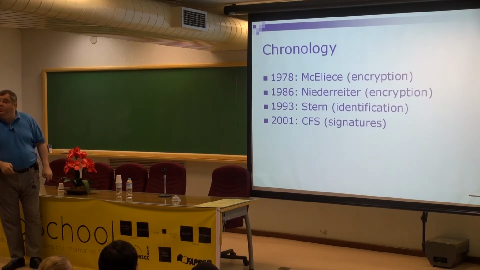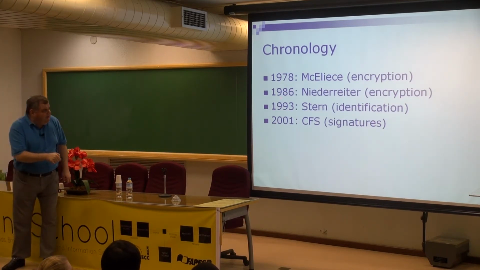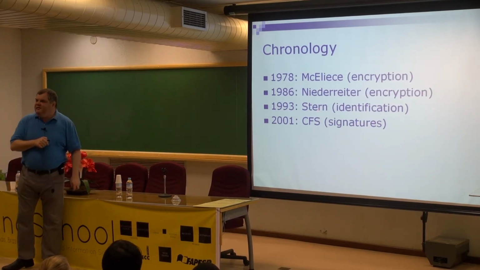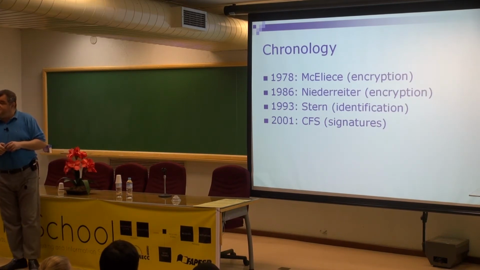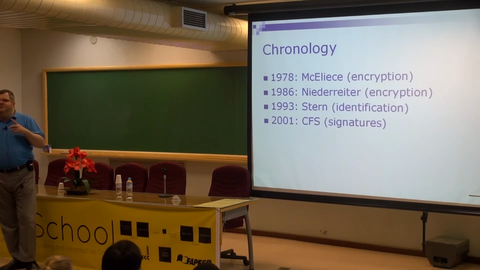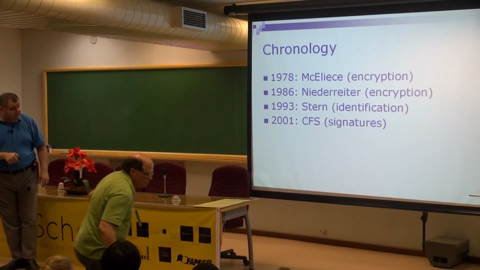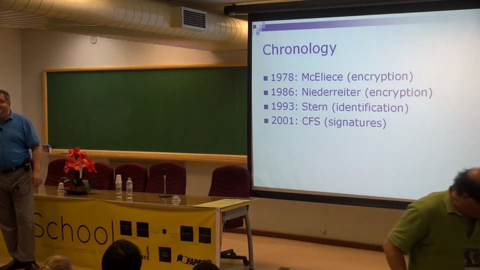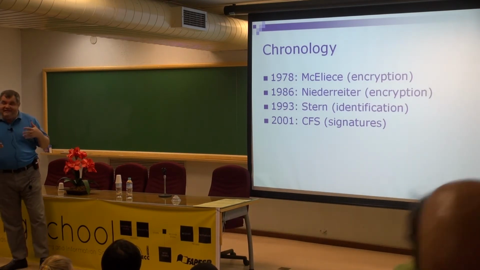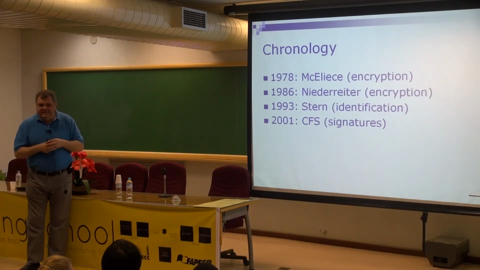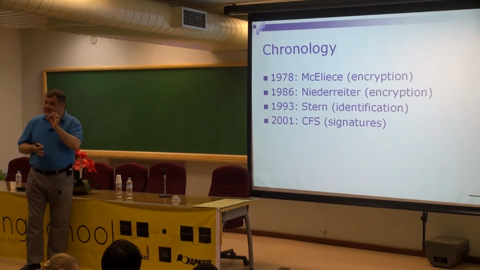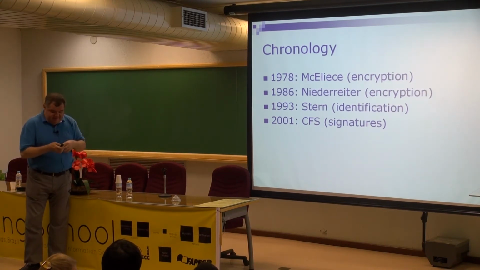In 2001, we can also modify Stern's identification scheme to obtain digital signatures, but they are not very efficient. We will see why. In terms of signature size, they are very, very large. In 2001, the first scheme that had, at that time, the chance of being efficient, because the signatures are very short, was devised.